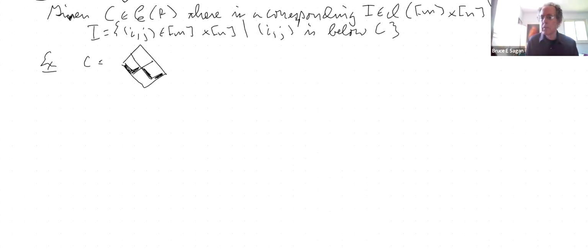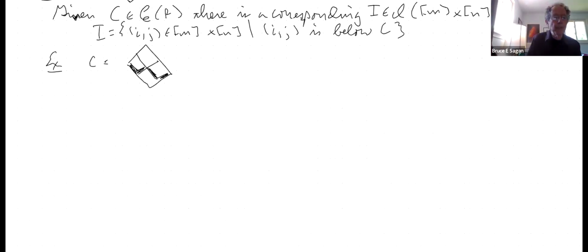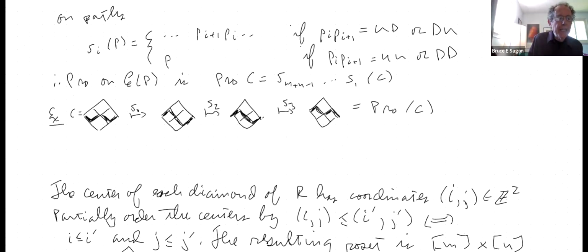Actually, let me do this back on the previous one, this will be better. What's the corresponding ideal to this path? The minimum element, exactly, Aditya. Using the fattened path, you've got this little diamond here. It would just give me this minimum. Okay, everybody see how we got the ideal here?